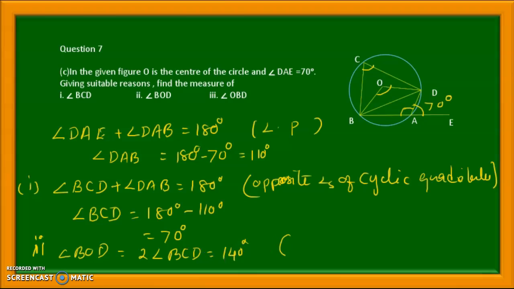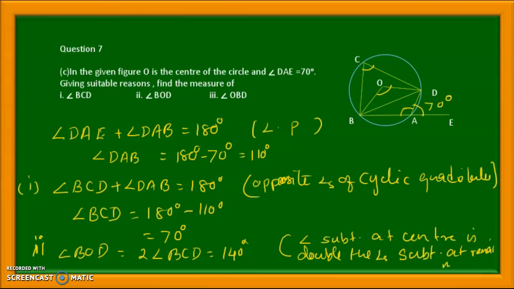The reason: angle subtended at the center is double the angle subtended at the remaining part of the circle. So we got this one also.